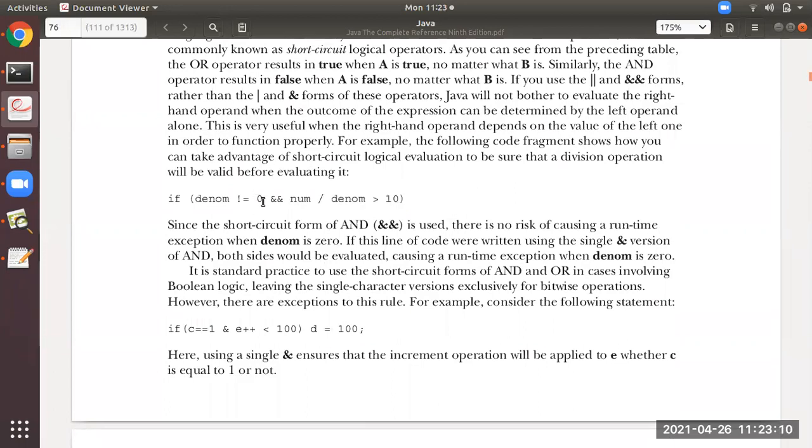Suppose the denominator is 0. Then this will become false. So if this is false, it will skip this part. It will not evaluate this part. Unless and until this part is true, the compiler will not evaluate this.